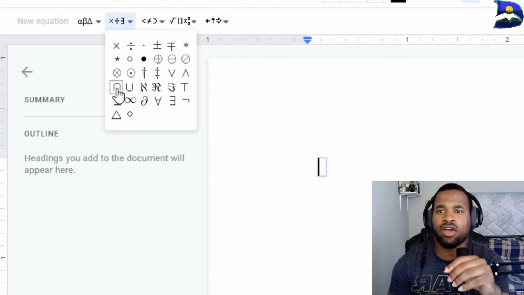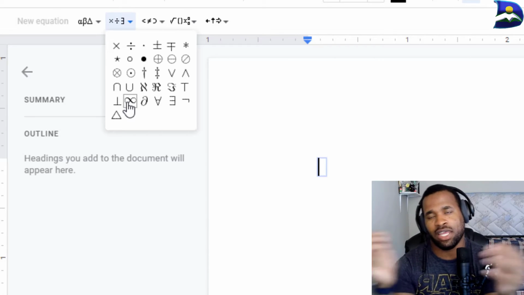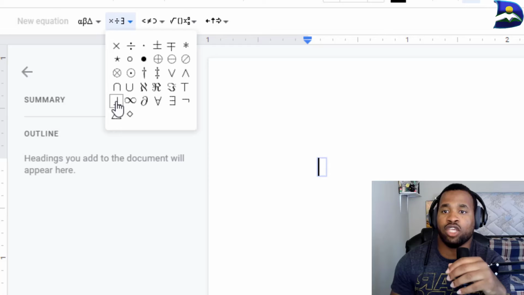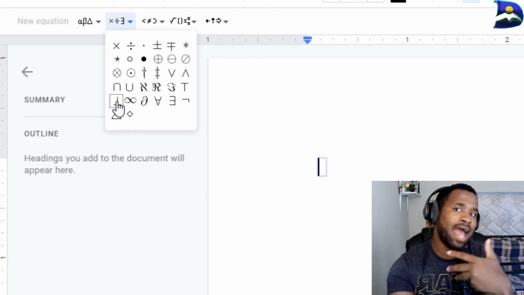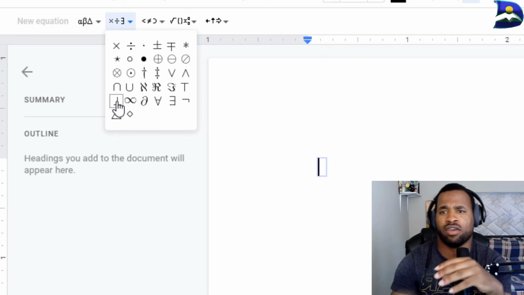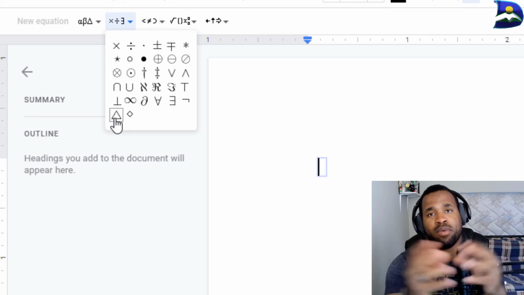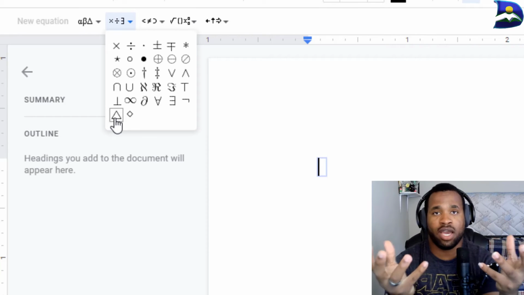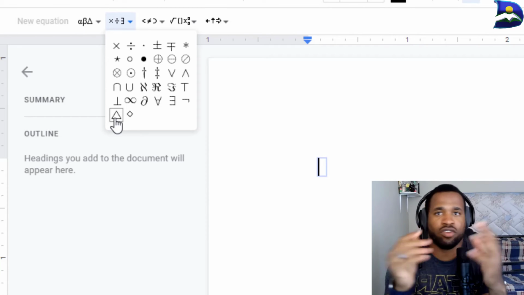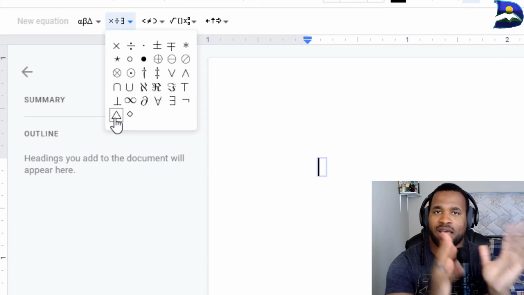You also have other interesting symbols like this here, which is infinity, and this here you can use when explaining that two lines are perpendicular to each other. And this triangle here can be used to describe the shape of a specific object on paper when you have just three capital letters side by side.